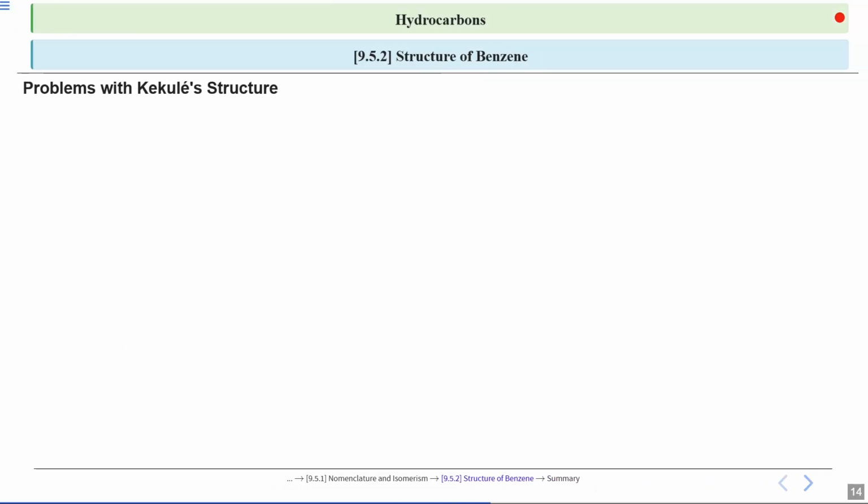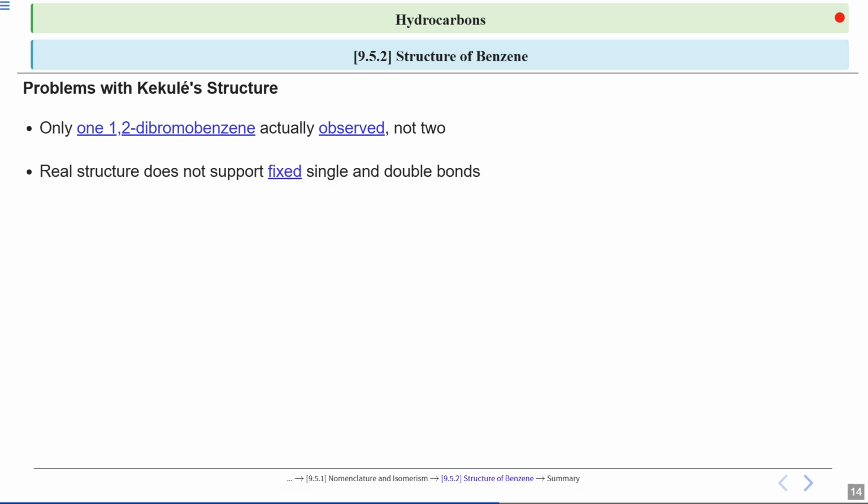But if we move on further, we found some problem with Kekule's structure for benzene. It was seen that only one 1,2-dibromobenzene actually exists. There were no two possible isomers. So this tells us that the actual structure of benzene must be more symmetrical than Kekule proposed. It is an important clue that the bonds in benzene aren't fixed as single or double bonds in specific places.